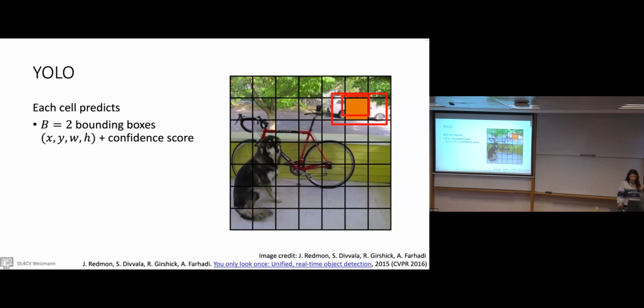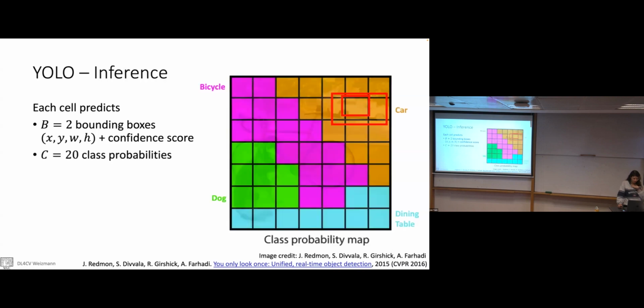This is an example of 2 bounding boxes that this cell is going to predict. Another thing in the cell's prediction is, like we had in classification, a vector of 20 with the probability of each class. Again, this is something we can do with softmax or something like that, right?